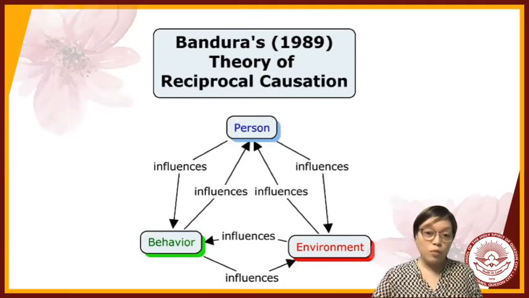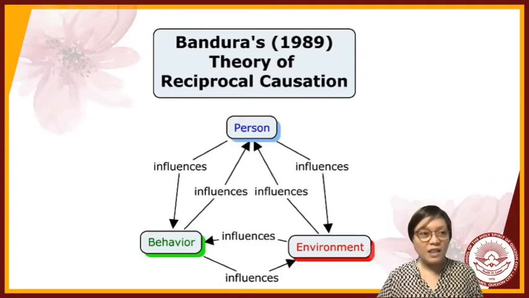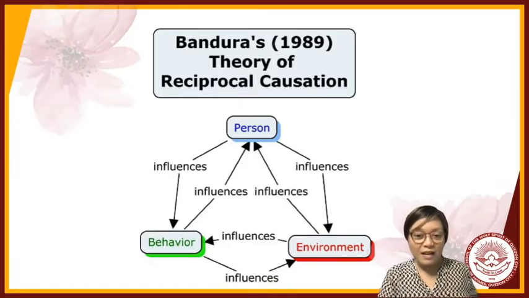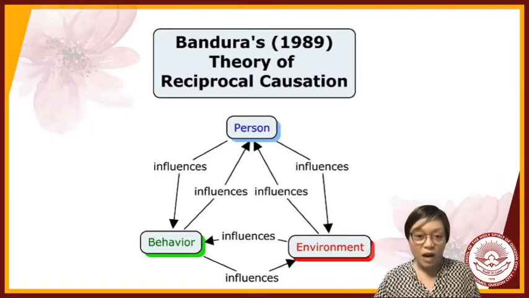But because of what Albert Bandura is telling us, that gives us the idea that no matter how difficult the circumstances are, we can overcome them and we can play an active role in influencing a more positive outcome in our circumstances.